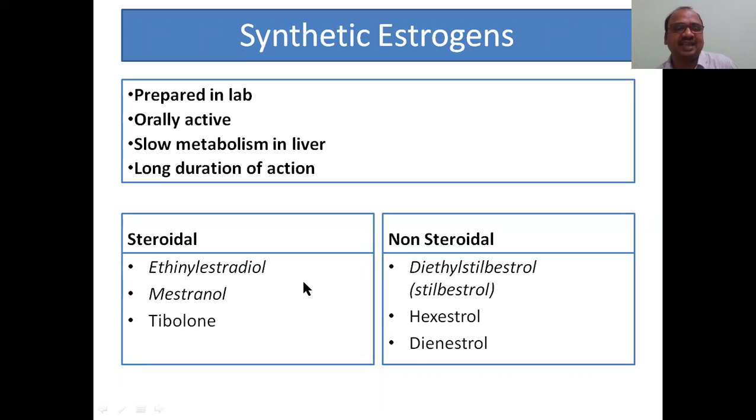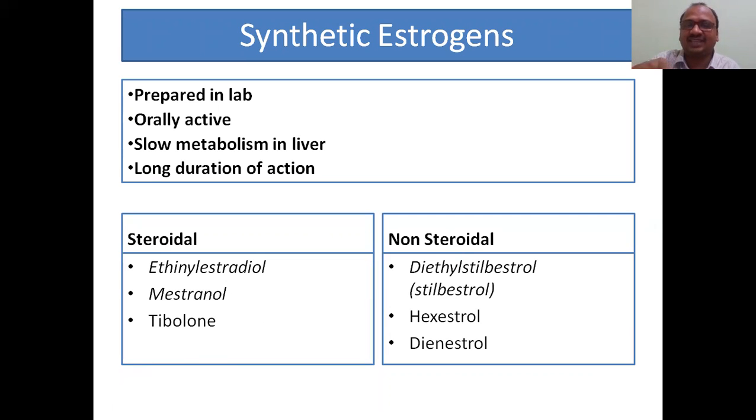Steroidal: ethinyl estradiol. Estradiol we know, ethinyl you have to keep in your mind. Menstruation, like that you can remember. Tip alone, like that you can remember. Next, non-steroidal: diethylstilbestrol.